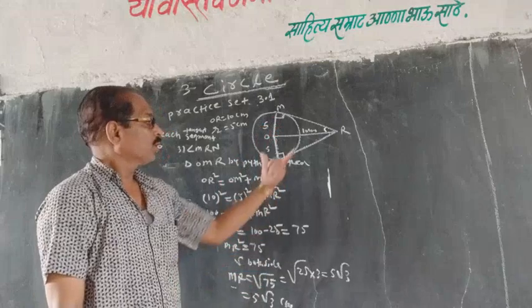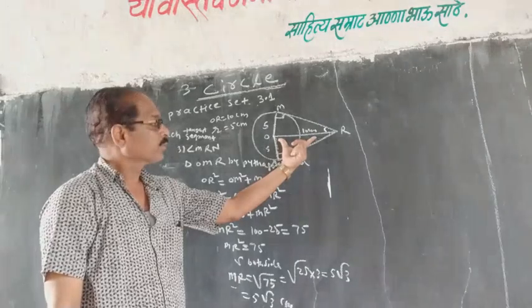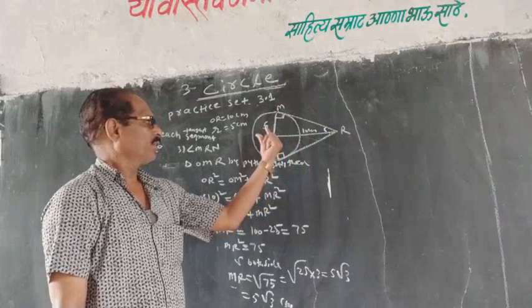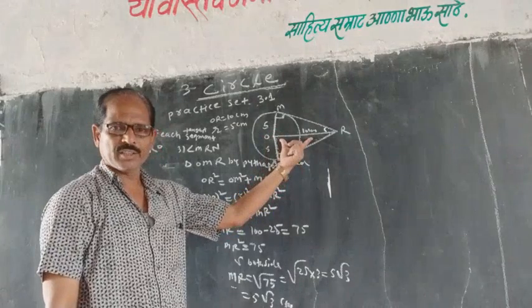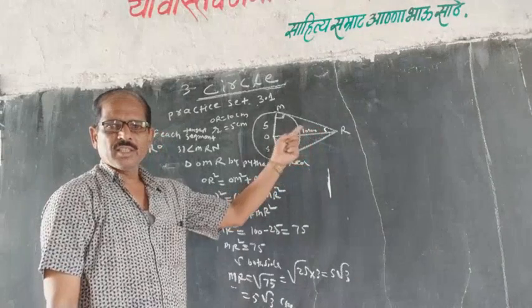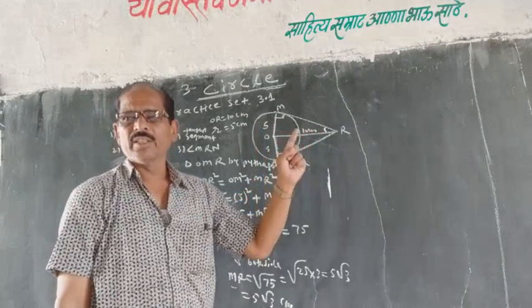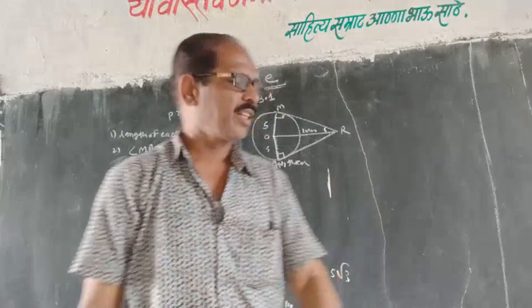The length of the hypotenuse is 10. When the opposite side's length is half of the hypotenuse, then this angle is 30 degrees, by the converse of the 30-60-90 theorem.